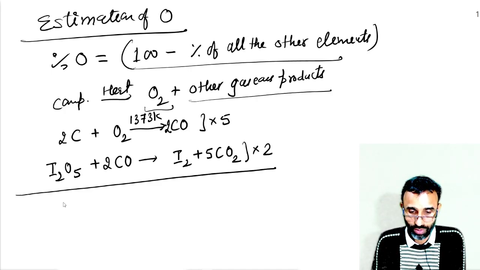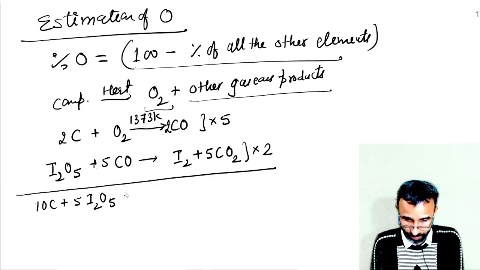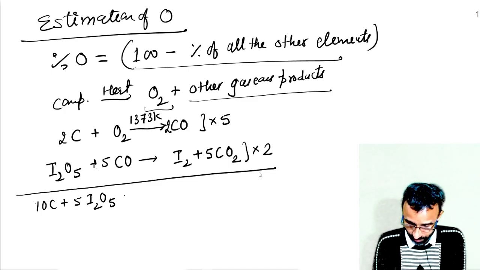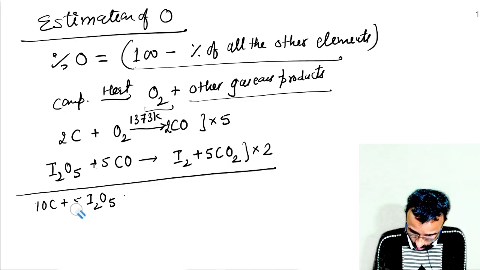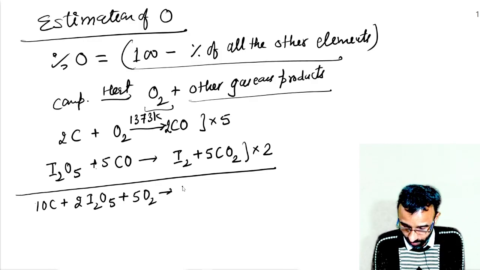So overall we will get 5 CO, 2 I2O5, CO cancelled, and 5 O2, so 2 I2 and 10 CO2.